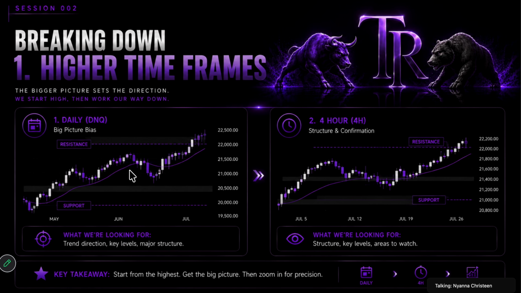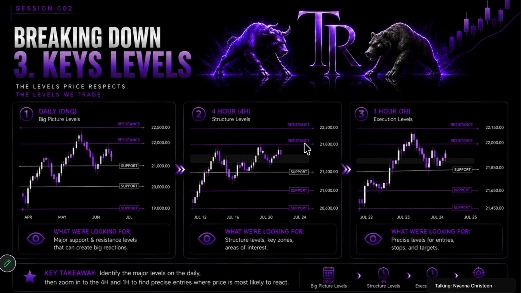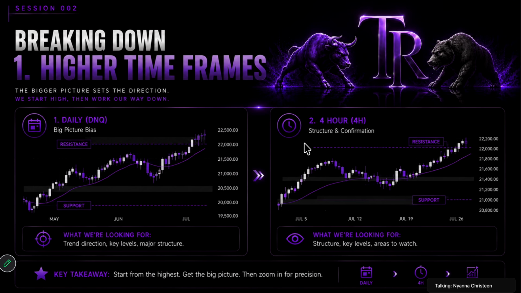Now, granted, are there other things that I might look for that may tell me buyers may be losing momentum? Absolutely. But for the most part, I'm looking at my higher time frames just to give me the overall direction of the market. And that's it. Like I always say, I'm going to keep it simple.